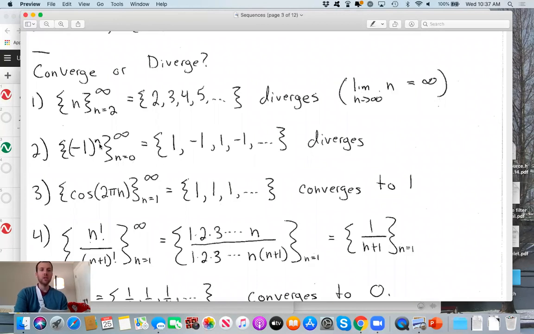So n equals 0 gets us 1, n equals 1, we get -1, n equals 2 gives us 1, n equals 3 gives us -1, so we're bouncing back and forth between 1 and -1 again. This sequence diverges, not because it goes off to infinity, but because it just keeps bouncing back and forth and never actually settles down to anything.